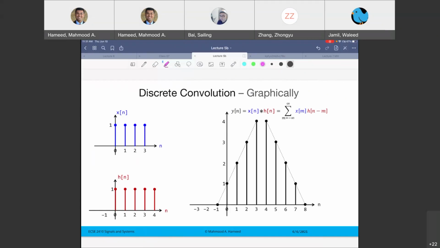If those rectangles are exactly the same length, then you get a triangle. When it maps, you get a peak and then you go down, right? So when you see a trapezoid as a result, and if one of the inputs is a rectangle, you know the other input is also a rectangle.